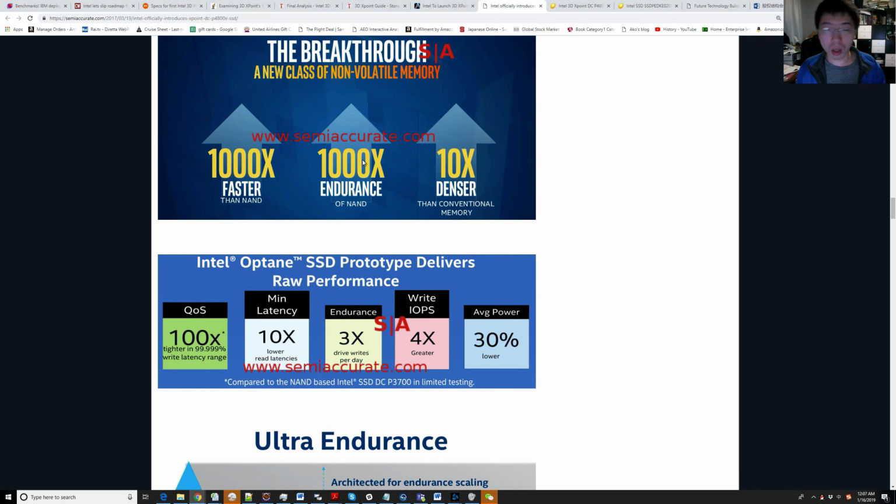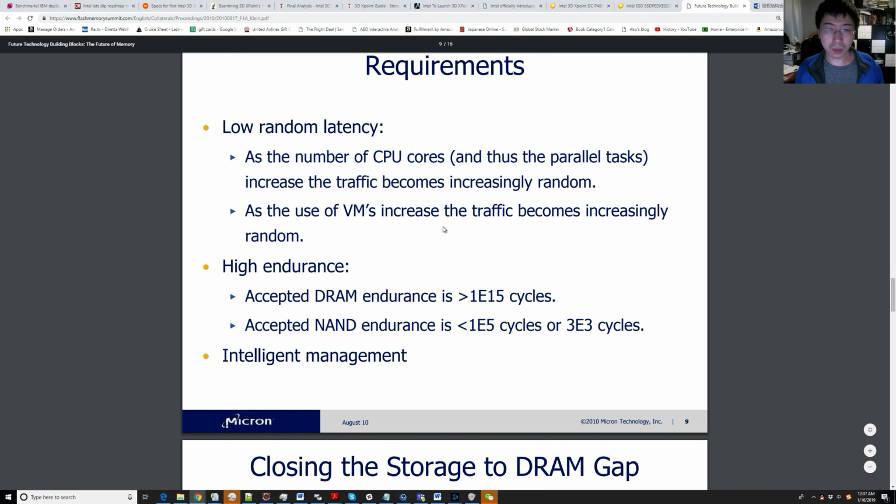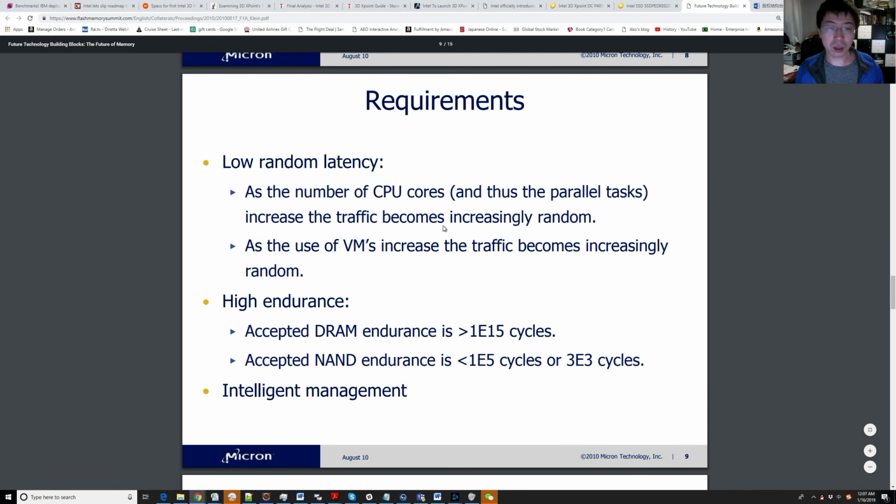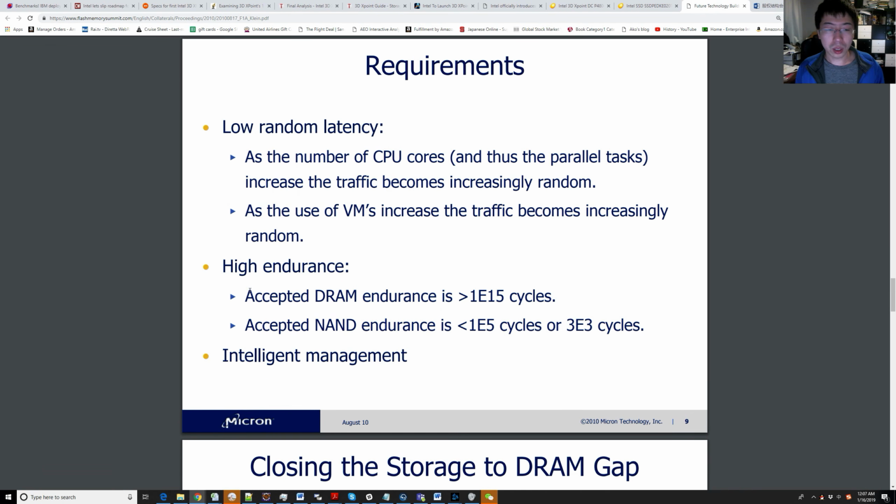And then there are other implications, especially around endurance. So if you look at this thing, this is from Micron. You can see that for DRAM, the endurance is 10 to the 15, which means you can almost never break it.